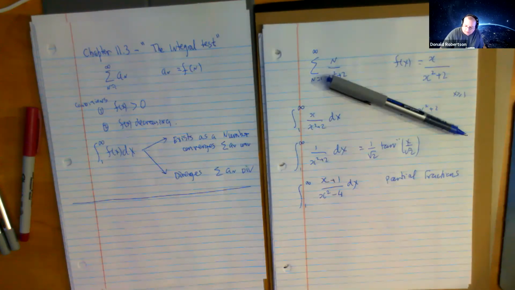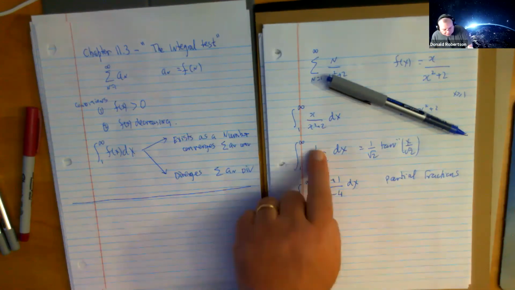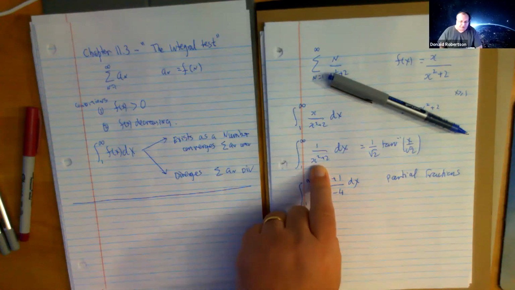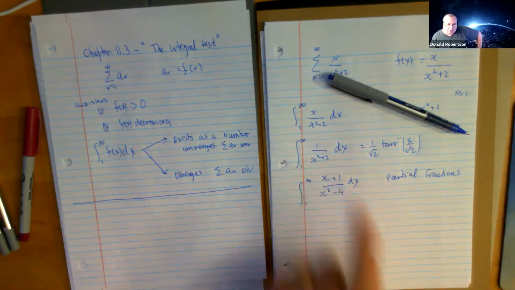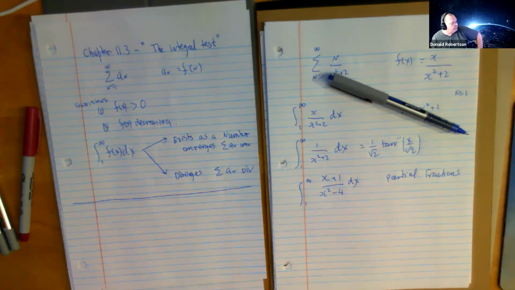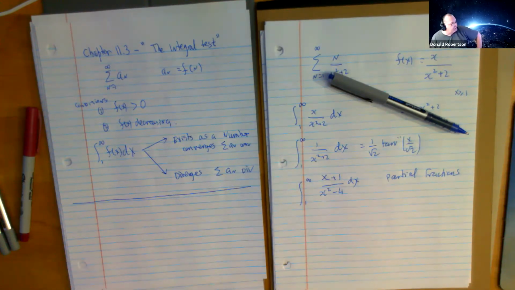So why would I choose them? Well, for starters, this one, x squared plus 2, doesn't factor, so there's no way I could do a partial fraction on it. Using a u sub of x squared plus 2 wouldn't help me because the top's only got 1, so those two are out. And I recognise it looks a bit like x squared plus 1, so that tells me it's in the family of the arctan, because I know the integral of 1 over x squared plus 1 is the inverse tan function.